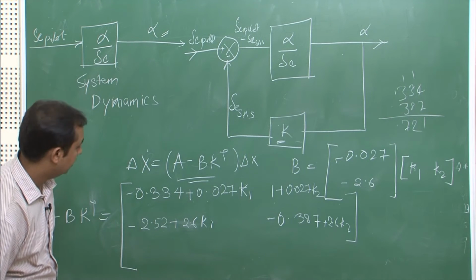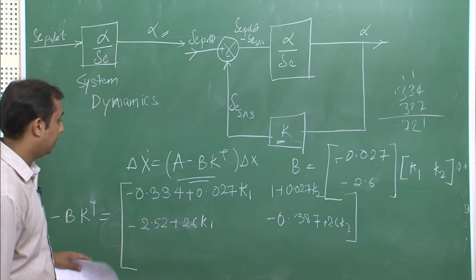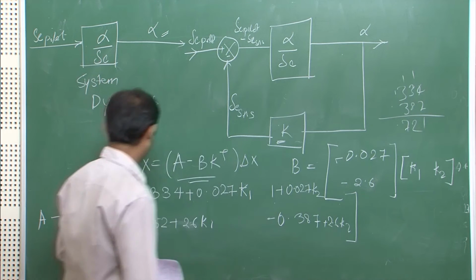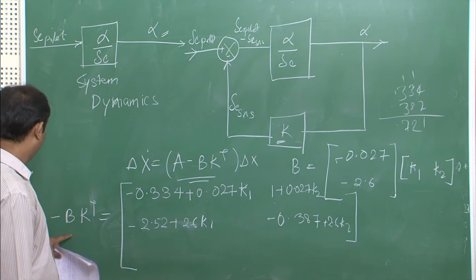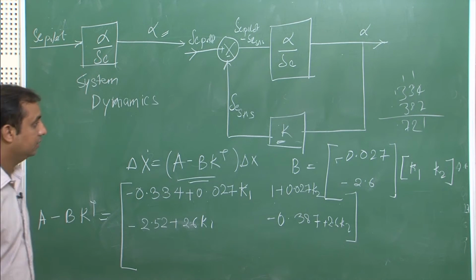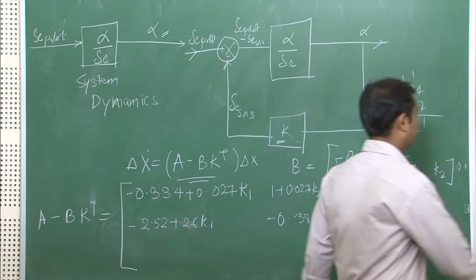The characteristic equation for this new system matrix will be determinant of lambda I minus the new matrix.